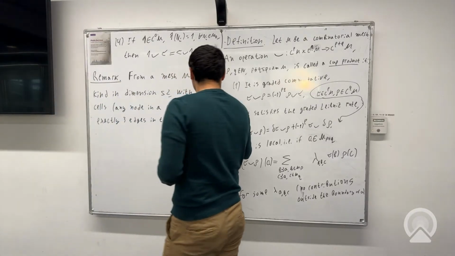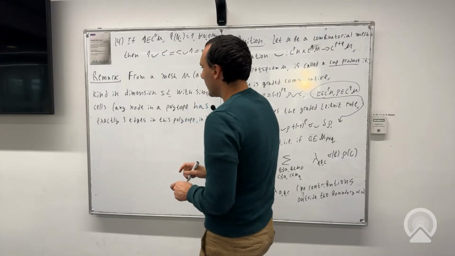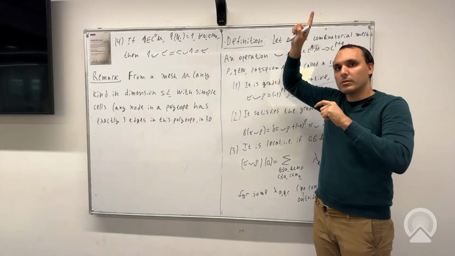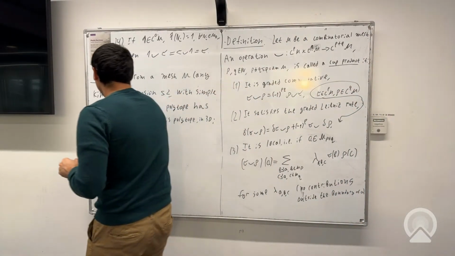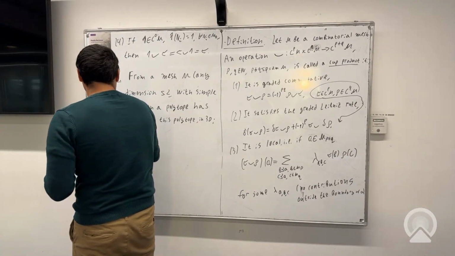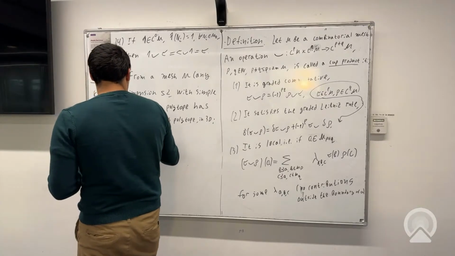That is in 3D. That means that we cannot have square pyramids. So a pyramid has 4 nodes, the vertex. So no vertices of square pyramids, for instance.